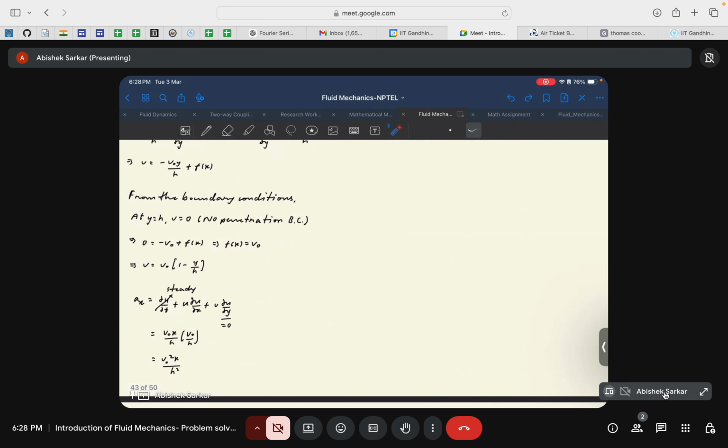Now you might again ask, why is this f of x equal to v naught and not some function or identity of x? Again, some function of x can also be a constant. It's not invalid. A polynomial function also includes a constant in it, so it's fine.